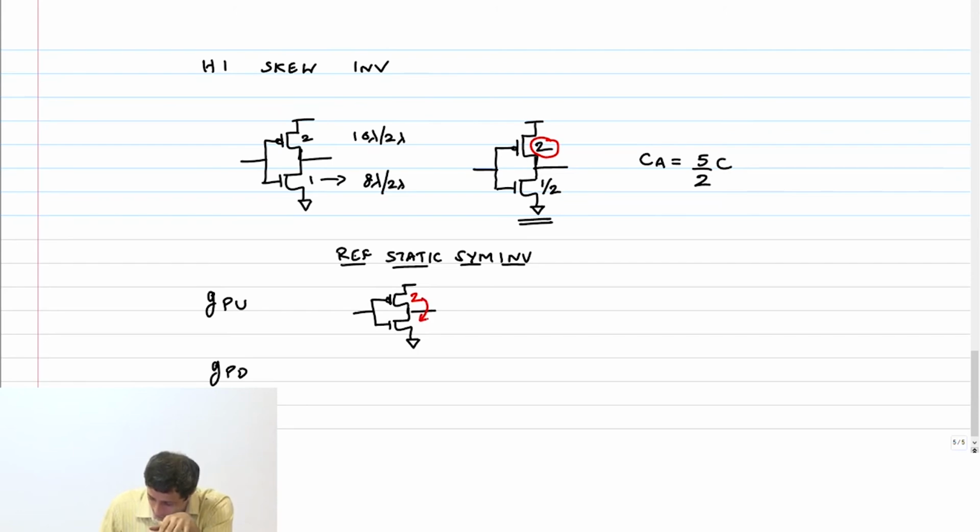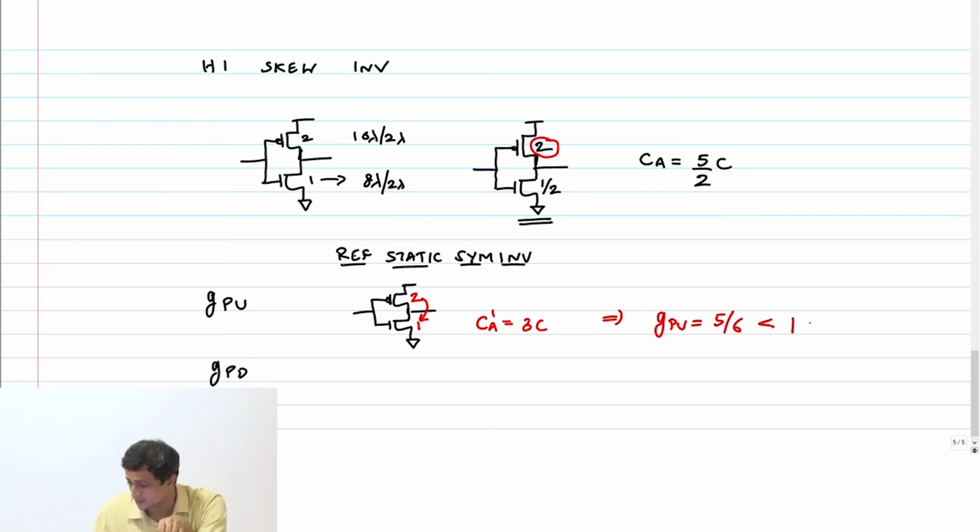Therefore, this will give me 1 here. And therefore, the capacitance Ca prime will be how much? 3C. And this implies the GPU is how much? 5 by 6. Obviously, this is less than 1.